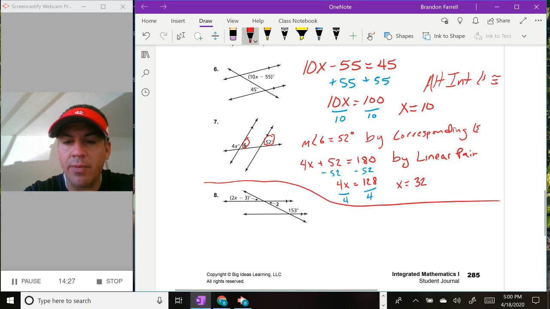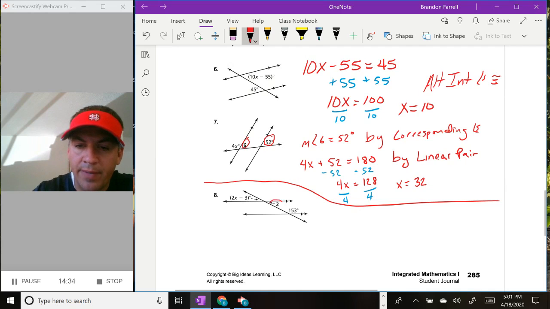Number 8. Number 8 wants us to find the relationship between angle 2 and 153. So we are going to call those consecutive interior.